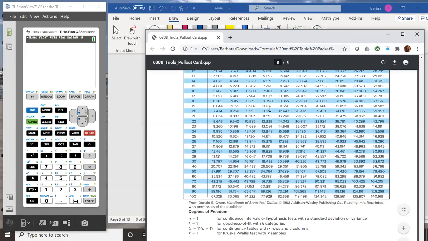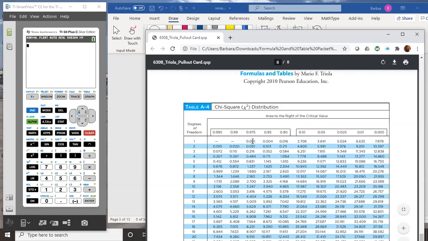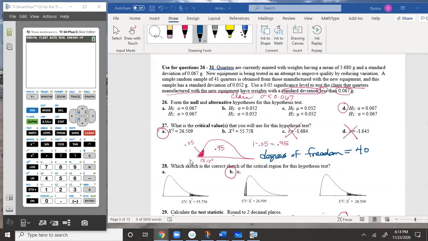And the last chart is your chi-square distribution. It tells you how to use the chart at the very top. It says the area to the right of the critical value. So the area to the right of the critical value, using complements, is 1 minus 0.05, which is 0.95.